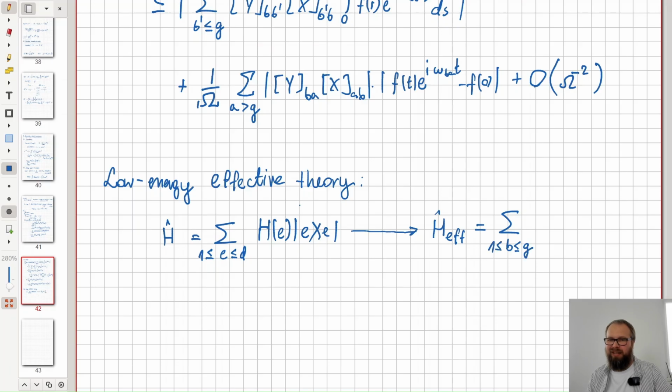You basically ignore that there is some universe in a higher dimensional space. So you take your big d-dimensional theory and reduce it to some effective theory in g dimensions, which is smaller than d.